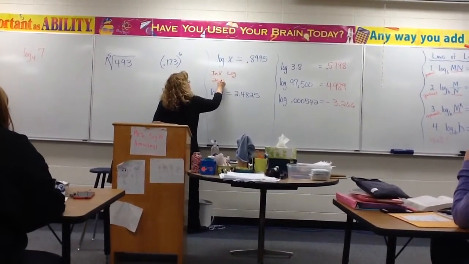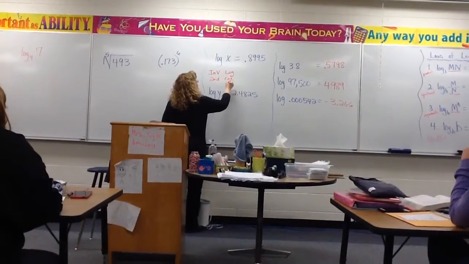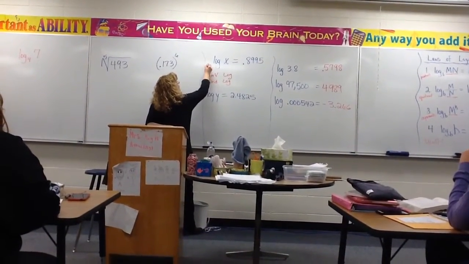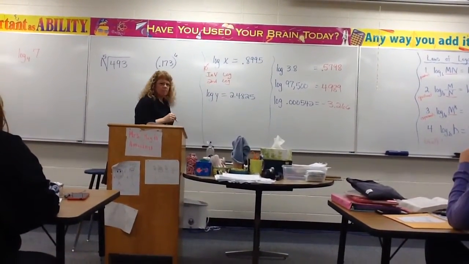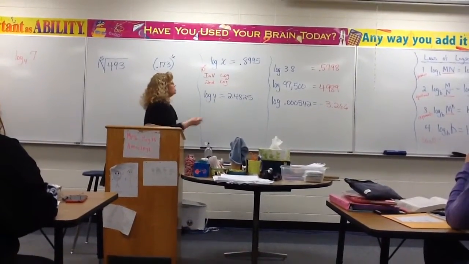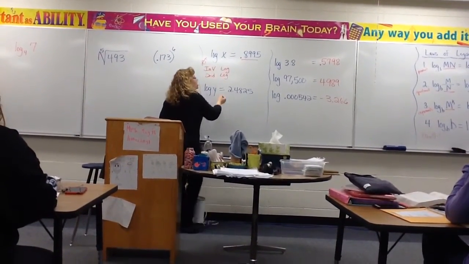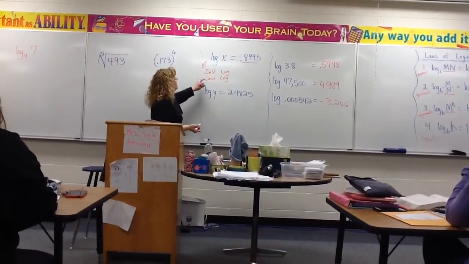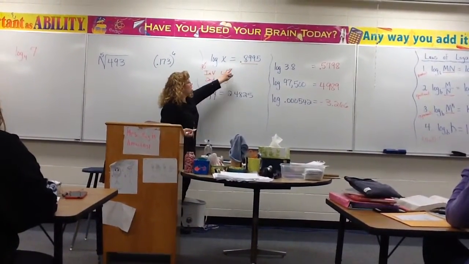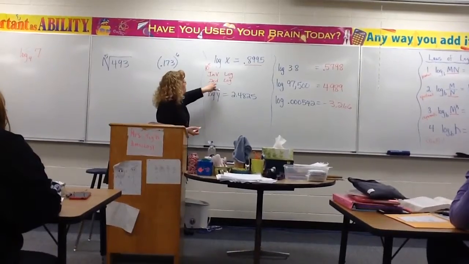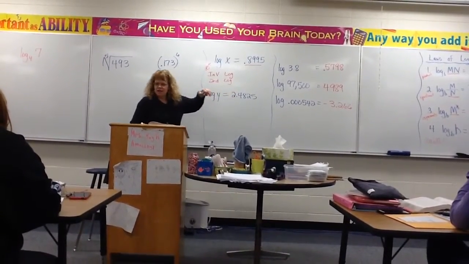Some of them it might be a second and a log. Some of them it might be 10 to the x power. So you'll type in this and hit inverse log, second log. Some of your calculators you might have to do inverse log of 0.8995, second log of 0.8995.